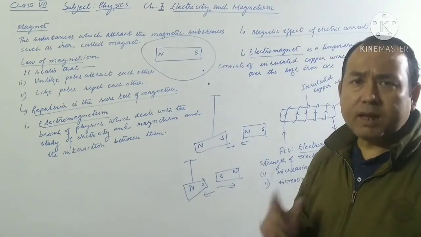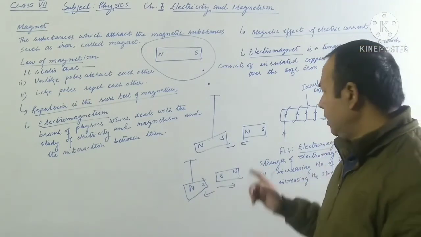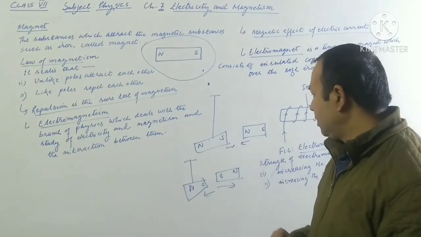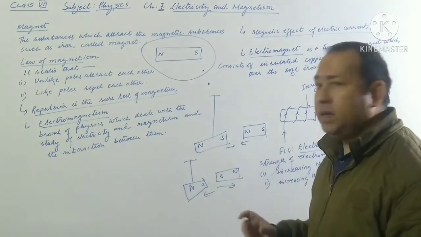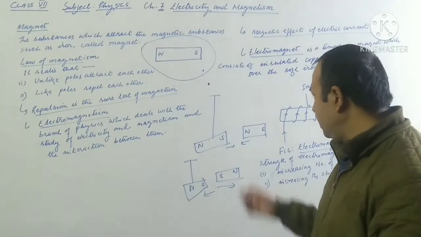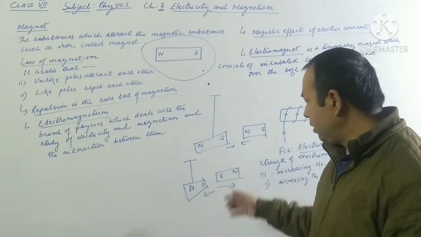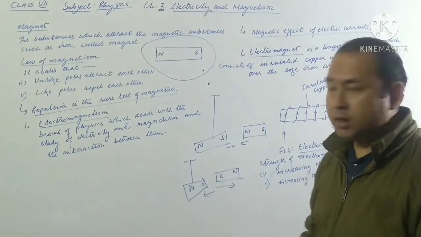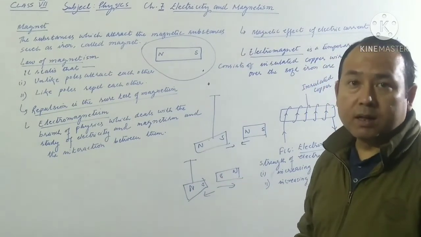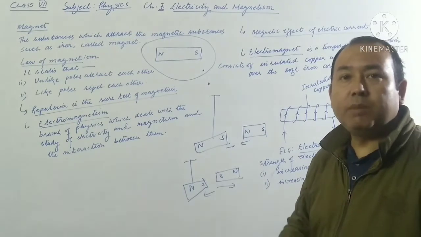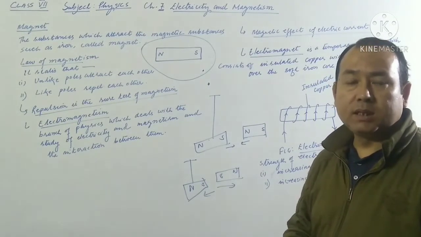It may attract or it may repel. If it attracts, then invert it and bring the other pole closer. Then it should repel. If it is not repelling, that means it may be a magnetic substance.